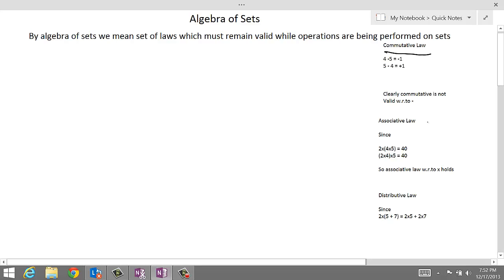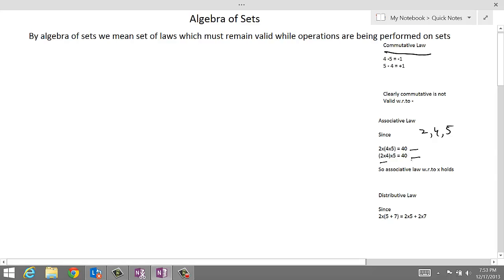Now, next is the associative law. For associativity, we need 3 elements. In this case, let's take 3 elements as 2, 4 and 5. If we multiply 4 and 5 first, the answer is 20. 20 times 2 is going to be 40. But if we multiply 2 and 4 first, the answer is going to be 8. 8 multiplied by 5 is going to be 40 again.